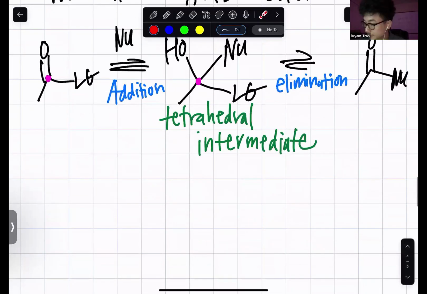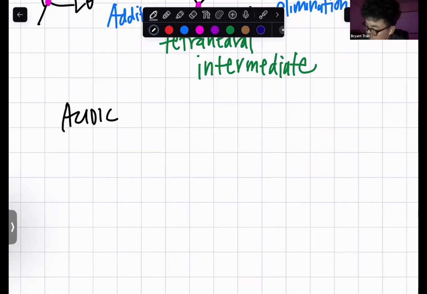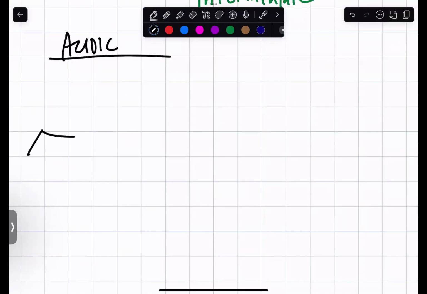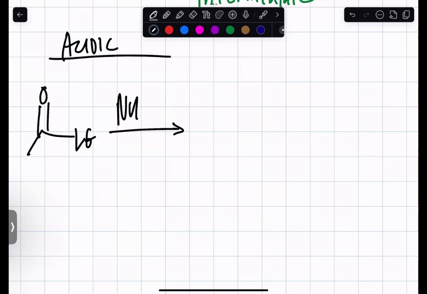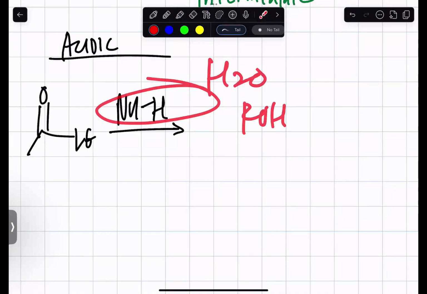Okay? Now, this can happen in two conditions. It can happen in acidic conditions, or it can happen in basic conditions. Let's go over an example of acidic conditions first. Let's say we have a carbonyl with some leaving group, and then we have some nucleophile that's most likely attached to some hydrogen, like H2O, ROH, or RNH2, right?